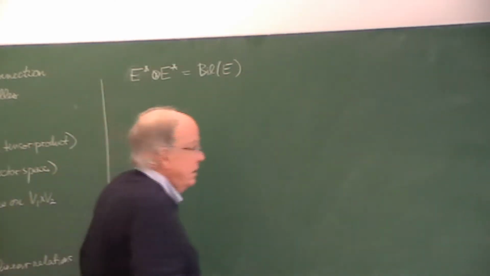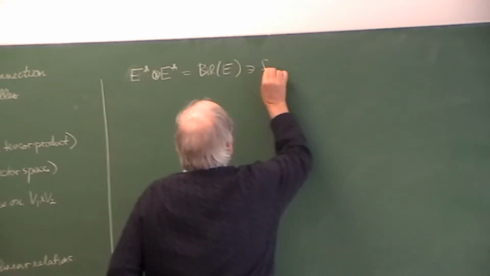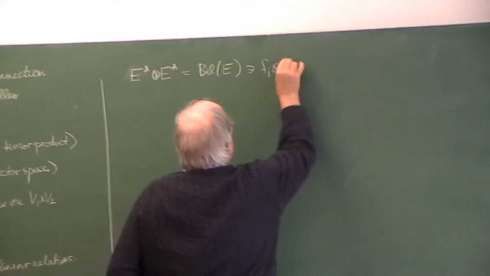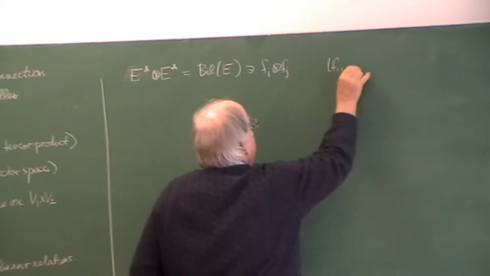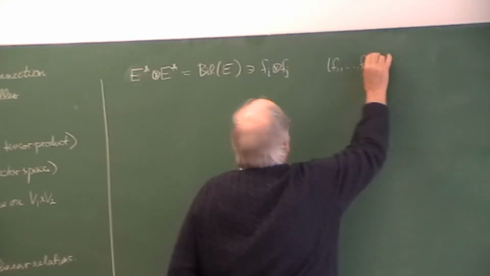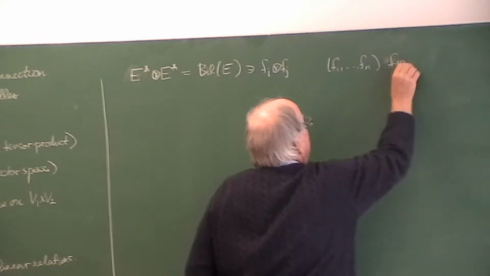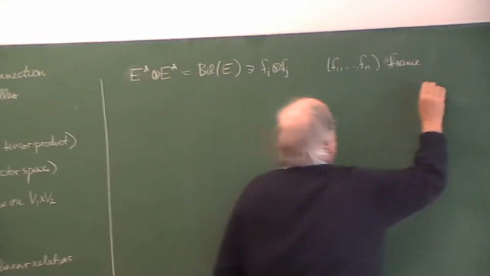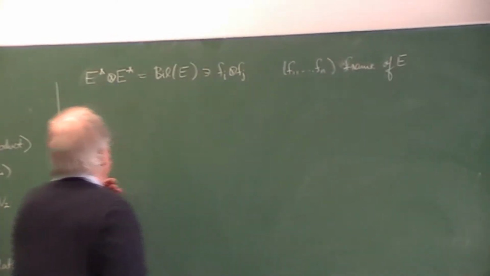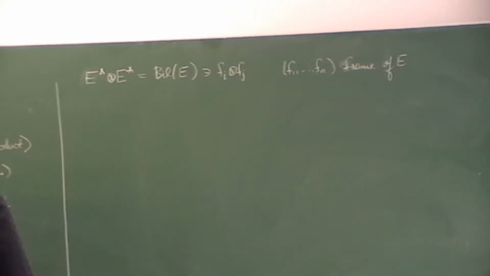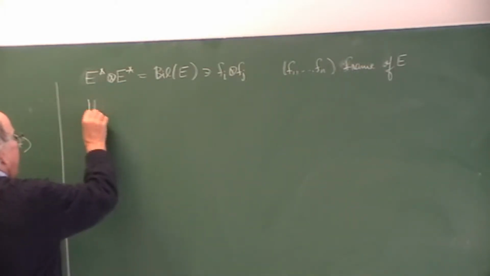And then the basis here would be forms of the type f_i tensor f_j, where f1 through fn is a basis, well, as a frame of E star.